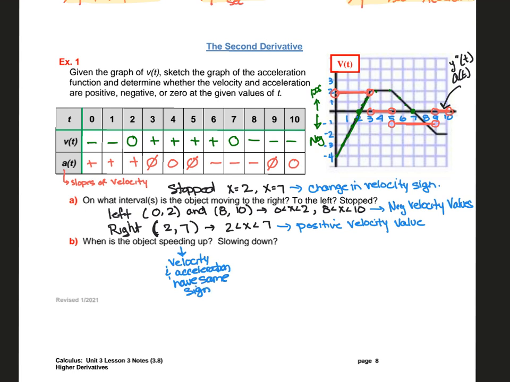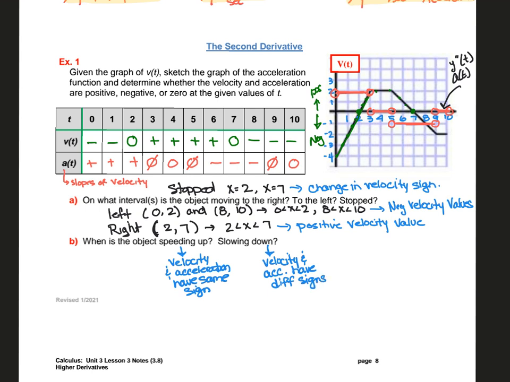That means they're working together. It is slowing down when the velocity and acceleration have different signs.